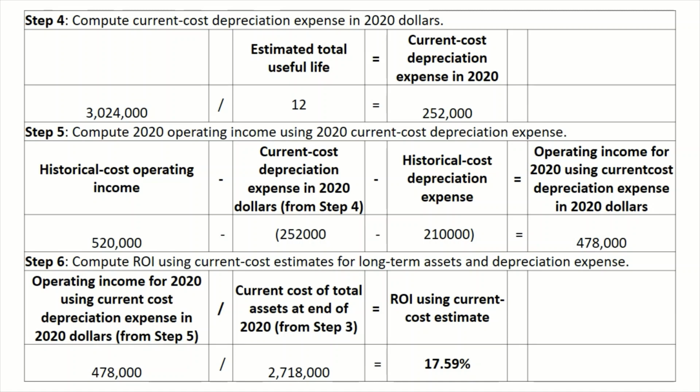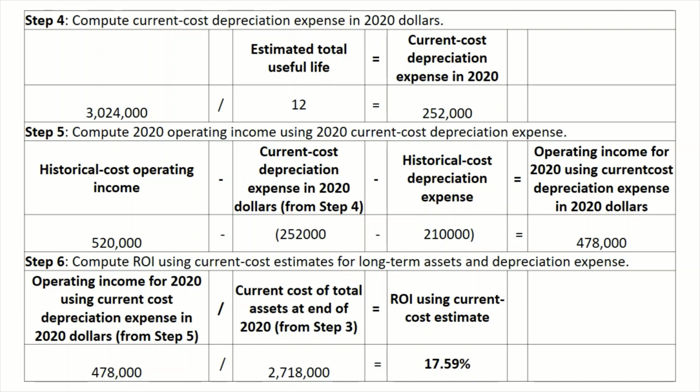And the next step is to compute 2020 operating income using 2020 current cost depreciation expense. This is historical cost operating income minus current cost depreciation expense in 2020 dollars, and we found this in the fourth step, and minus historical cost depreciation expense, and we find the operating income for 2020 using current cost depreciation expense in 2020 dollars.